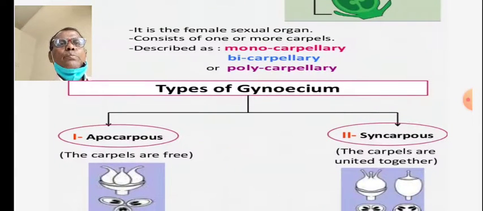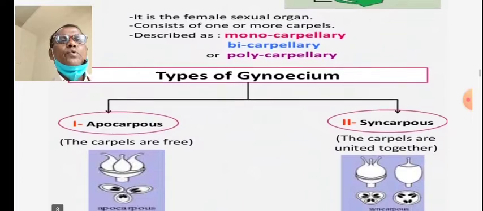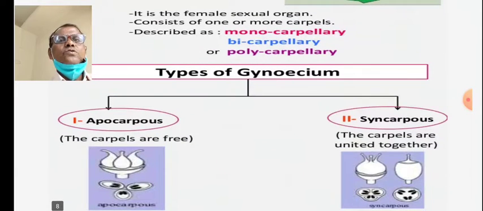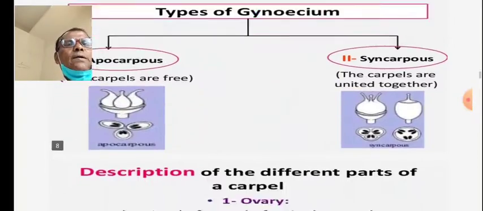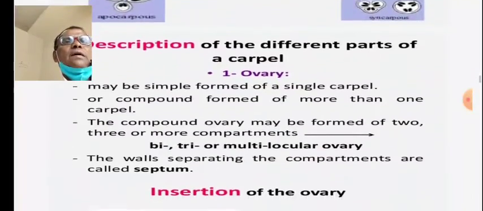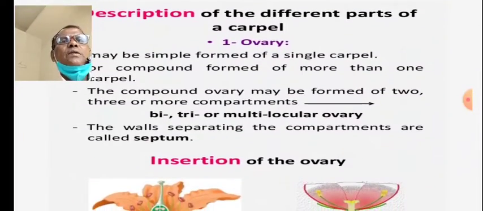Then there are the conditions. Suppose the carpels are free, it is called the apocarpous condition. You see the photograph on the left, apocarpous, and on the lower side you see the TS. Then syncarpous means the carpels are united together. So you see the photograph of the TS of the ovary. Then the description as per the different structures.